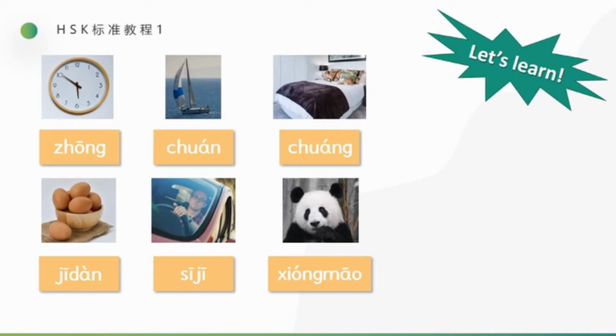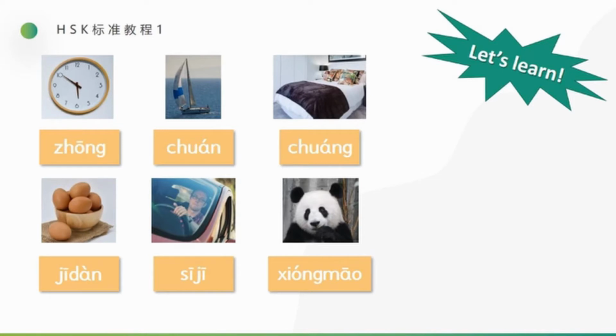This is 司机. 司机 means driver. He is a driver. 他是司机. Do you know how to say drive? The verb to drive. Drive the car.